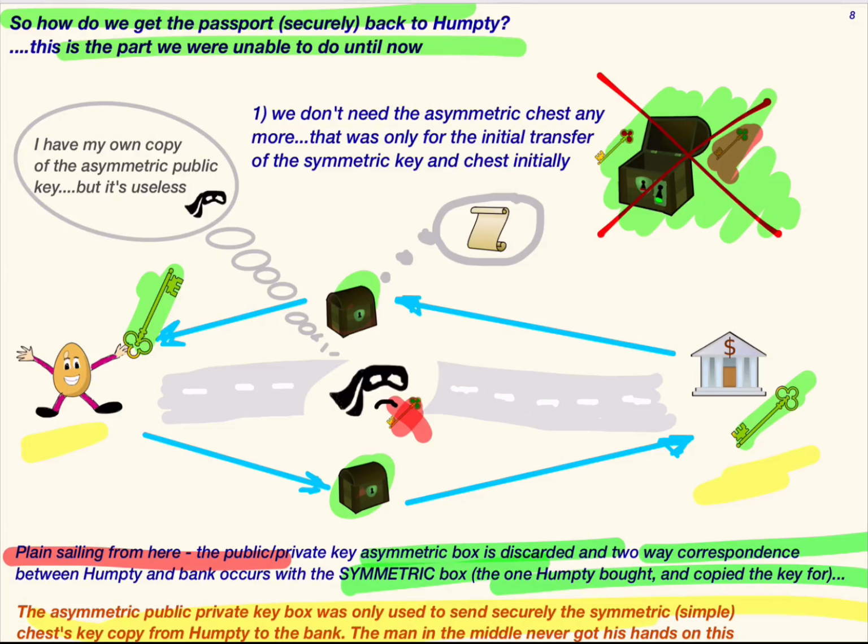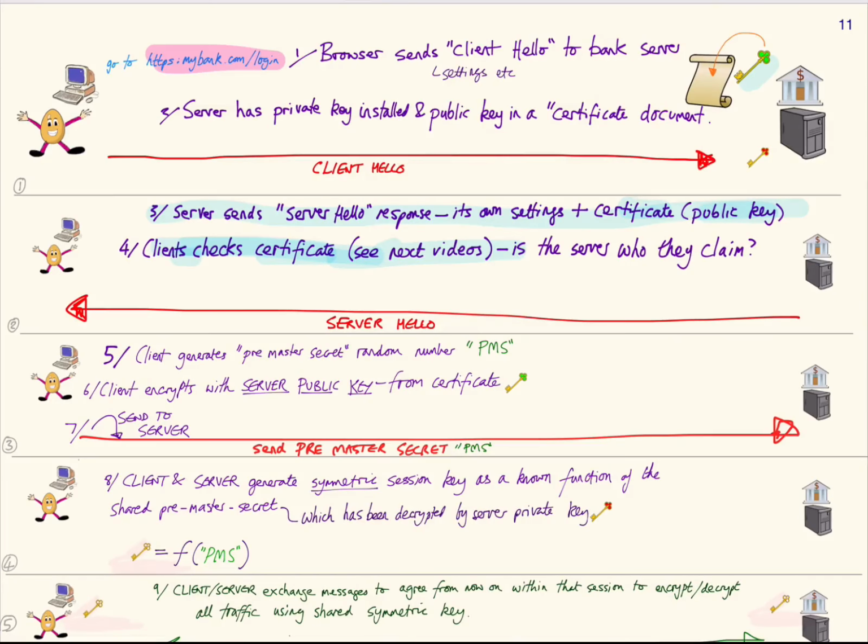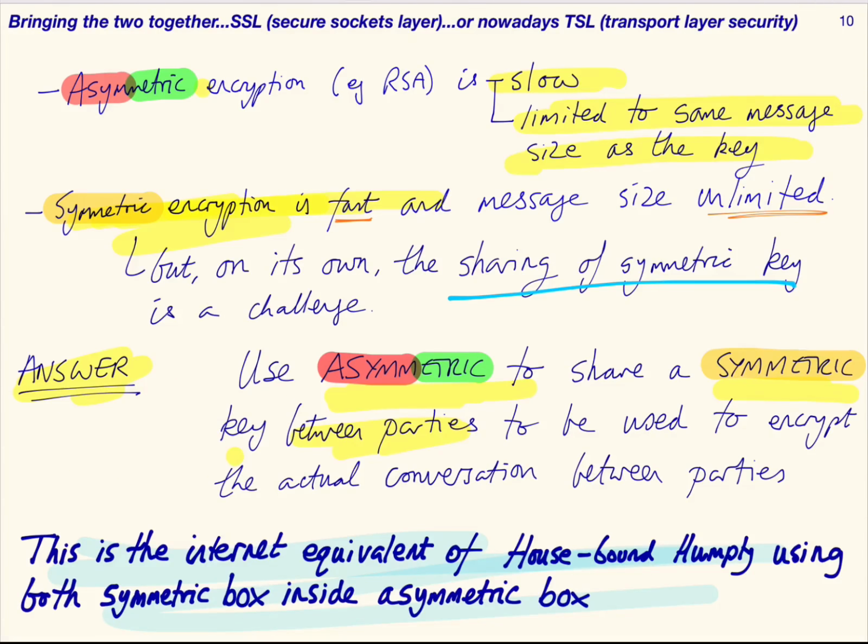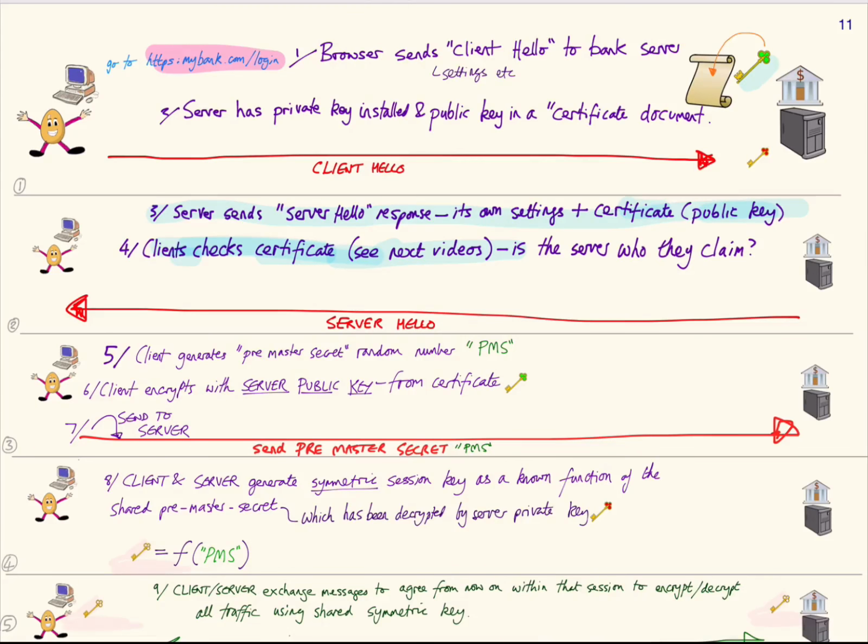First of all, we use an asymmetric box to securely transport a key that enables subsequent communications back and forth forever to be done via a symmetric box, right? So this is the internet equivalent of the housebound Humpty using the symmetric box inside the asymmetric box, right?